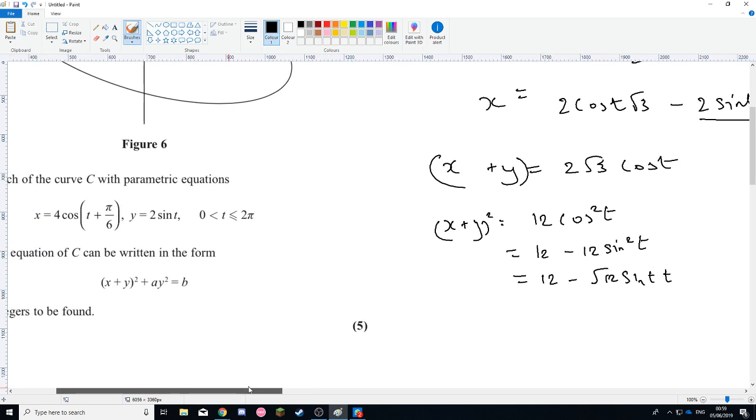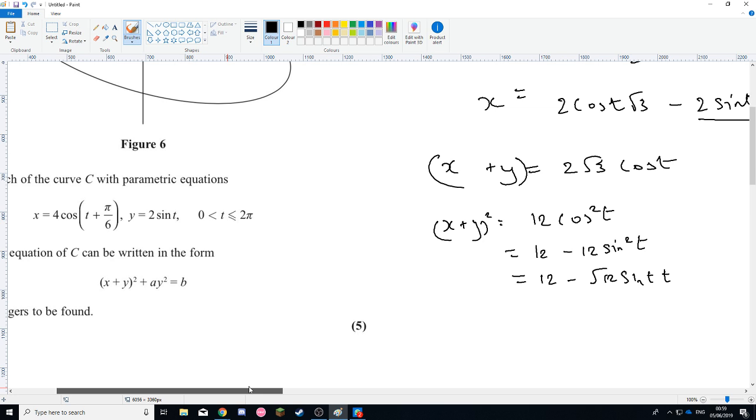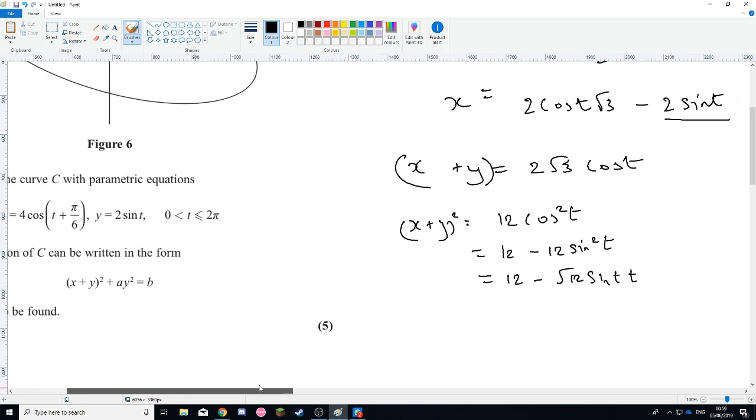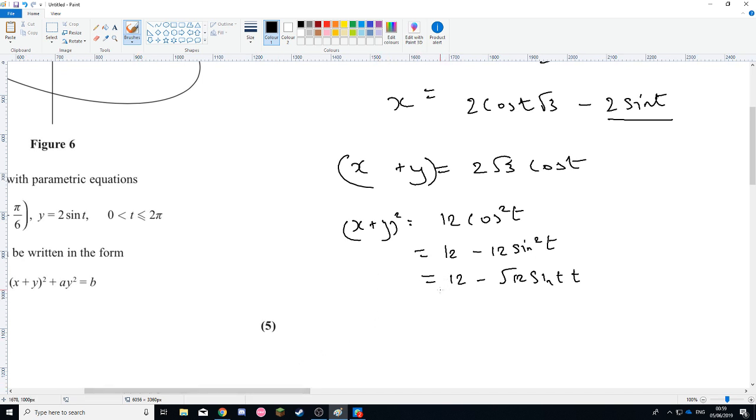Oh, minus sine squared, yeah, that's right. So x plus y squared is equal to 12 minus 12 sine squared t, which is equal to 12 minus root 12 over 2 times 2 sine t, squared.